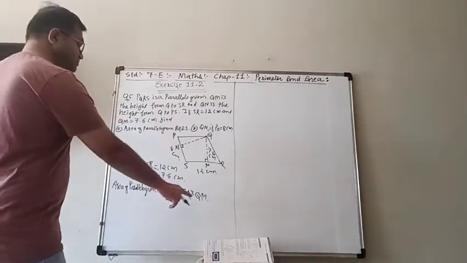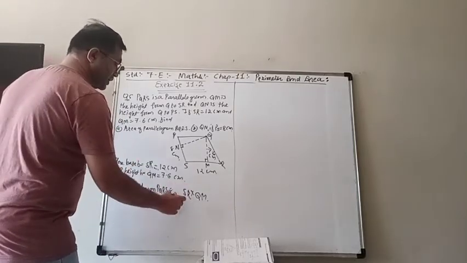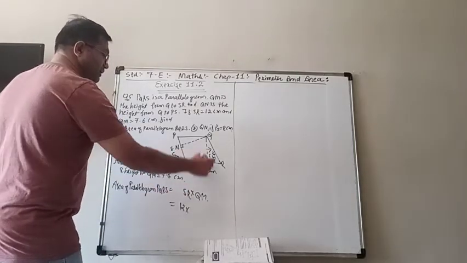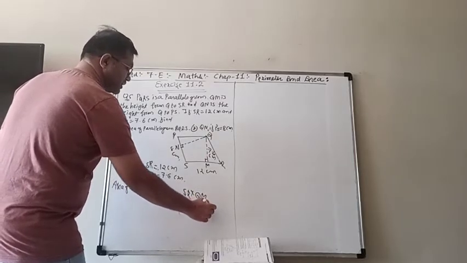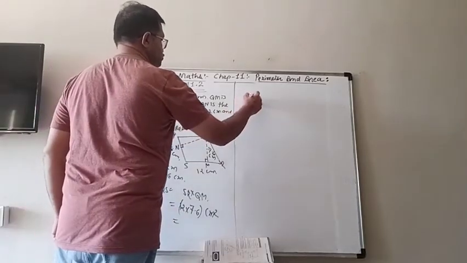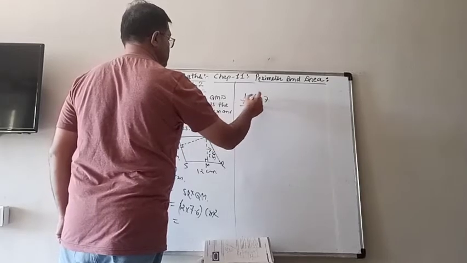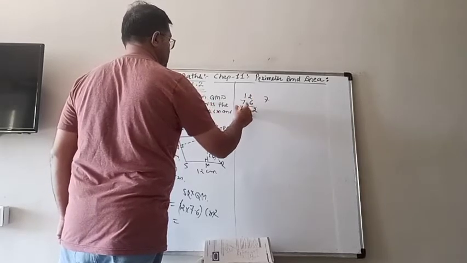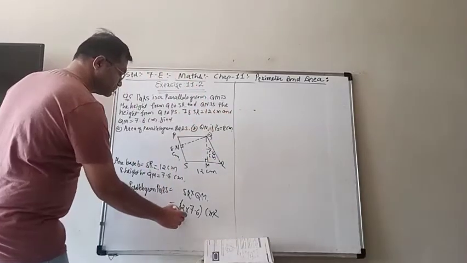So PQRS is equal to SR multiplied by QM. SR is 12 multiplied by the height is 7.6. So now we will multiply 12 by 7.6. 91.2 centimeters square.